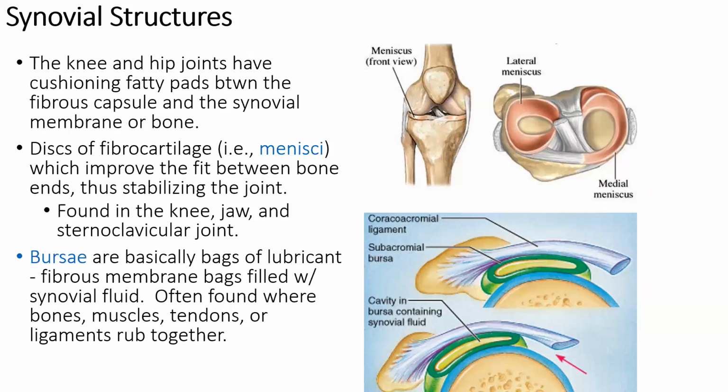Okay. Synovial structures are going to have this capsule surrounding the joint, but they also have something else in here. First of all, at our knee, we have pads of cartilage to protect the joint. And the knee is sort of an outlier on the type of synovial joint. But here, if we take a look at our knee, we can see our pads of cartilage.